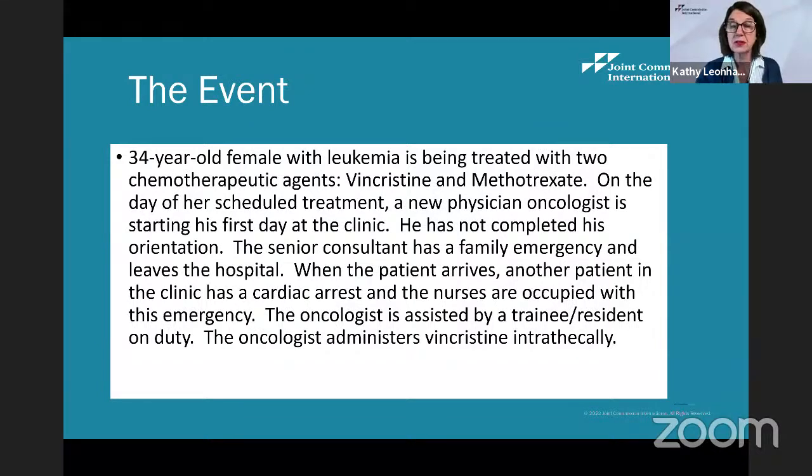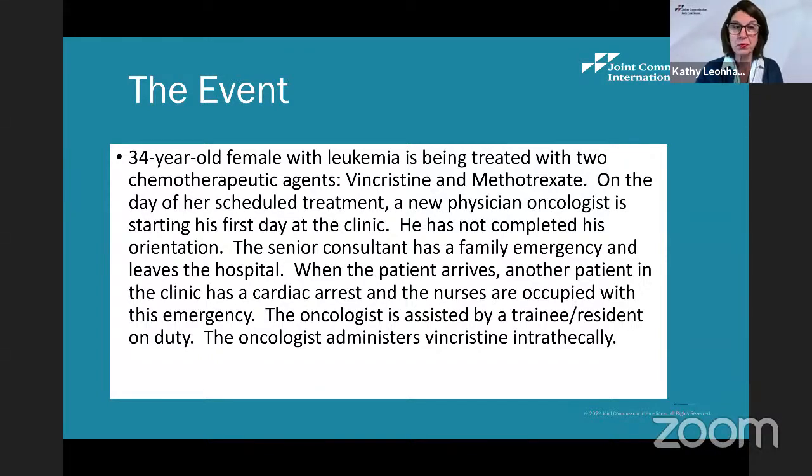Well, this patient arrives and the new physician is available to take care of her, administer her chemo agents. But when that patient arrives into the clinic, there's some chaos. Another patient in the clinic has a cardiac arrest, and the nurses are occupied with this emergency.